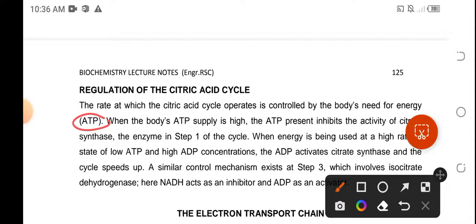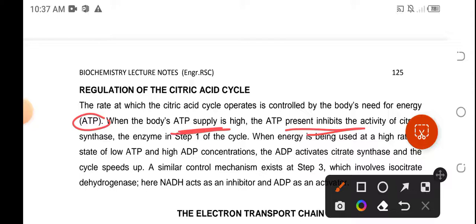Pero kung taas pa rin ang supply ng ATP, of course, that high concentration or high supply of ATP will inhibit, hindi niya i-stop niya yung cycle. Kasi nga, ang purpose ng Krebs cycle is for the production of the NADH and the FADH2 para magpunta dun sa fourth cycle, which is the electron transport chain, na kung saan dun naman talaga gumagawa ng ATP. So kung mataas pa yung ATP, there's no need for Krebs cycle to push through.